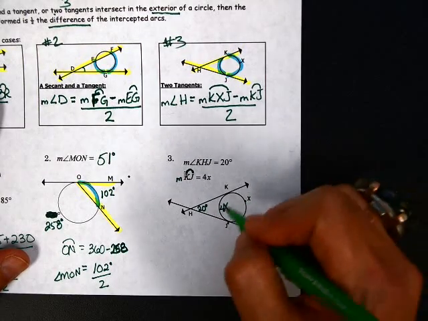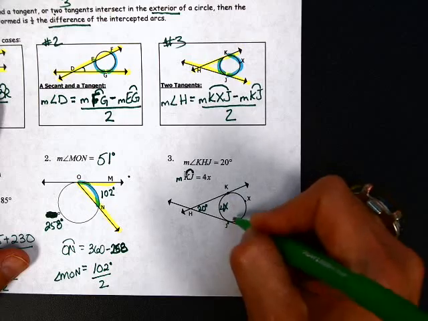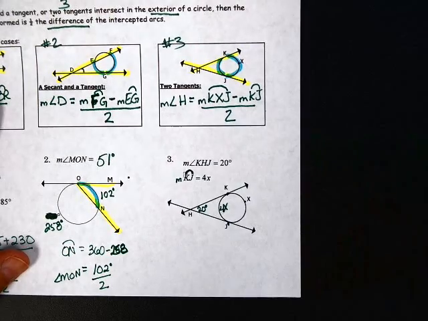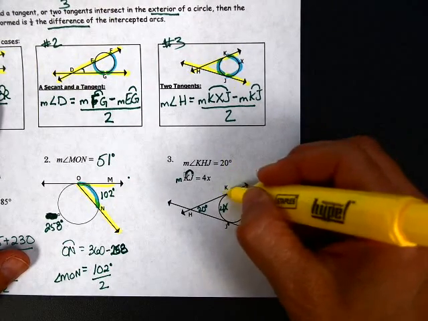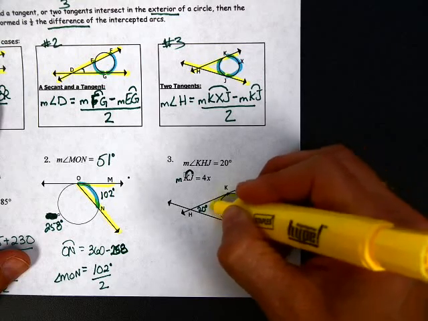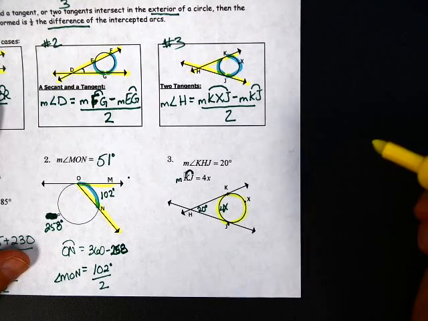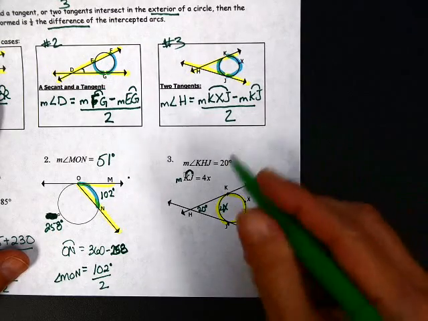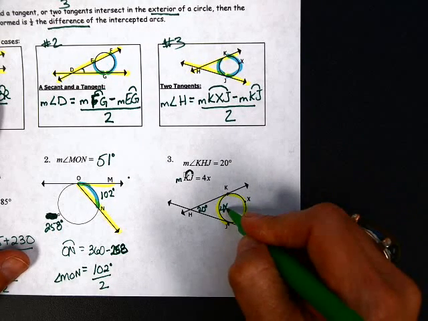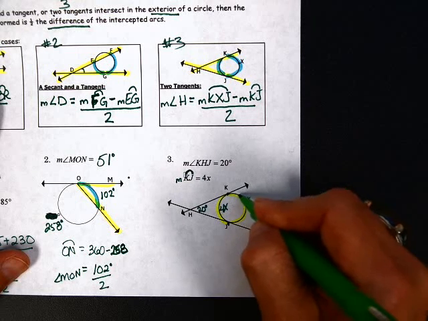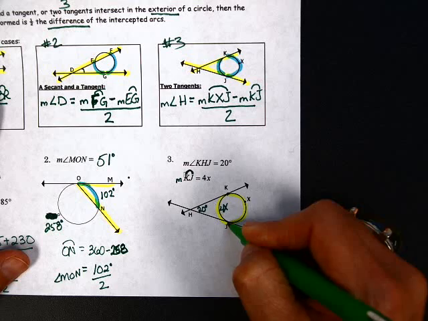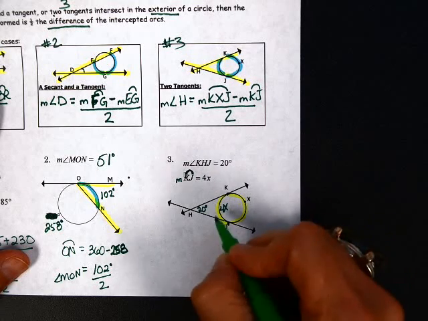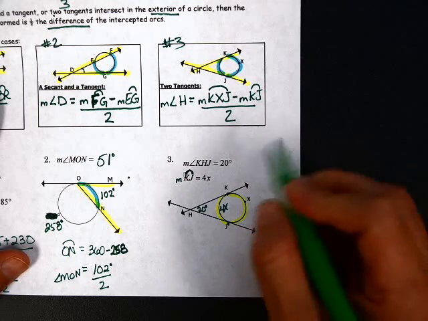All right, now what you got to keep in mind when you have two tangents, that it cut this arc in two. Not in half, but in two parts. So together they add up to 360. So if this is 4x, I would subtract that from 360 to get the other arc, because together they add up. So if I know one of them, subtract from 360.